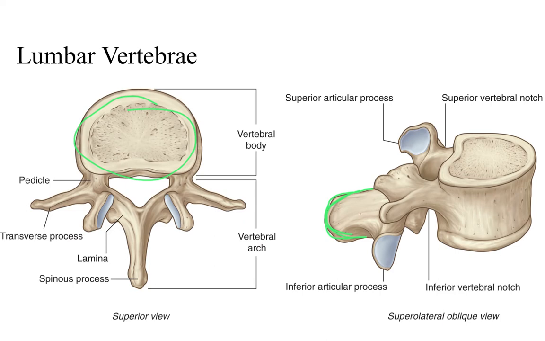One thing I forgot to mention is that all the vertebrae, we said the spinous processes are in the back, but the spinous processes are always pointing in a posterior fashion. So if you're sitting there and you're trying to put together a vertebral column from a set of bones that are disarticulated, always make sure that the spinous process of the vertebrae is pointed downward. All right, that's the correct orientation.